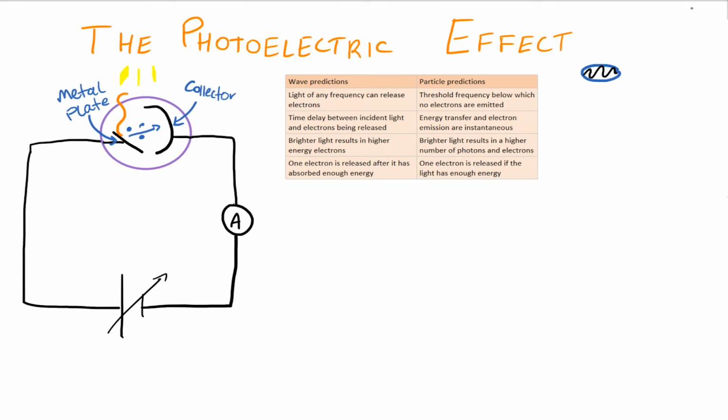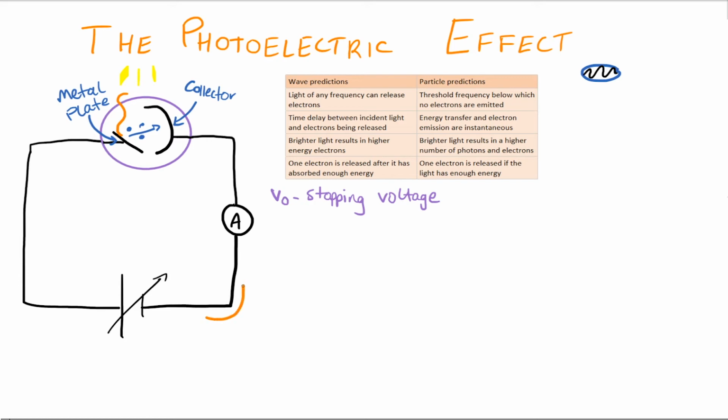Now we can write out some equations to quantify our observations, but first we'll need to define a few terms. First we have V0, which is the stopping voltage. And you might have realized, if you were looking at this circuit diagram very closely, that the negative terminal is actually hooked up to the collector plate, which means the electrons are flowing this way.